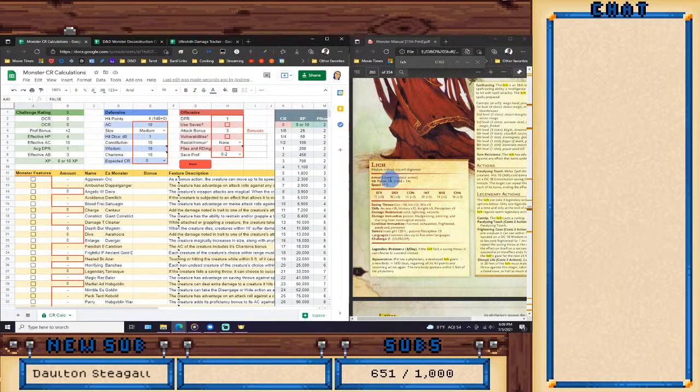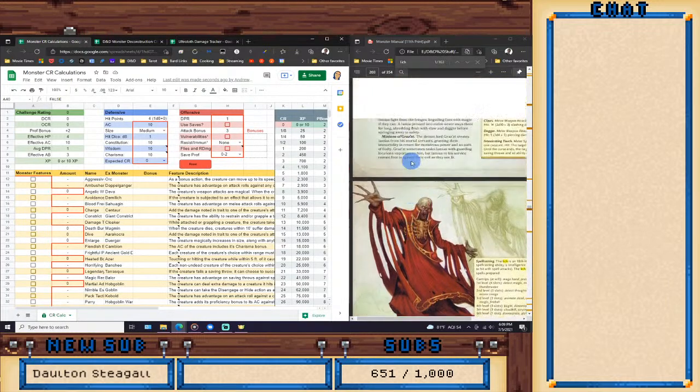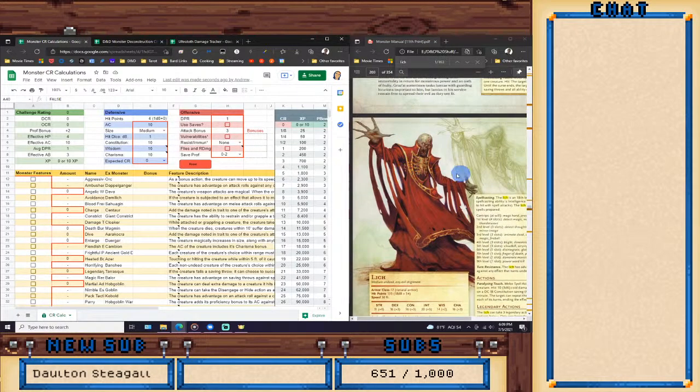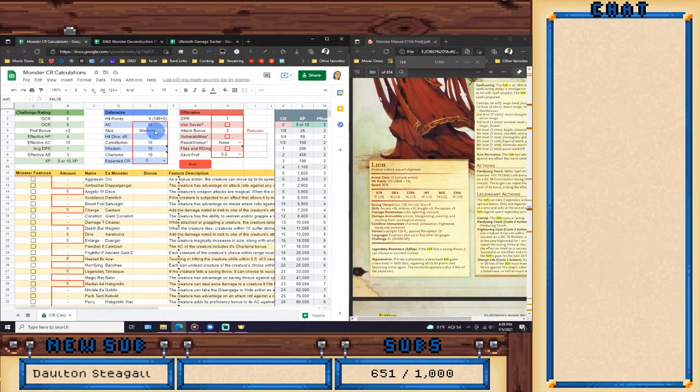All right, so our Lich has an AC of 17, which is natural. And by looking at the picture of the Lich, I don't know how that's natural. But anyways, so we have 17 AC. It's a medium undead, so we won't have to worry about the sizing. And then it has 18d8, as we see here in the parentheses, followed by 16 Constitution, 14 Wisdom, which doesn't really matter, and 16 Charisma.